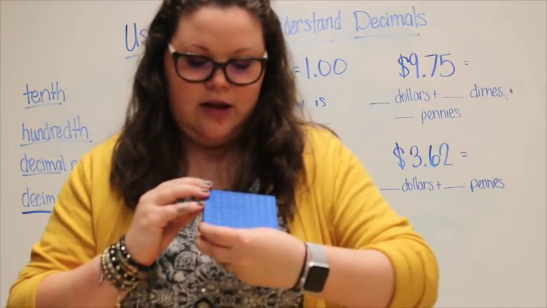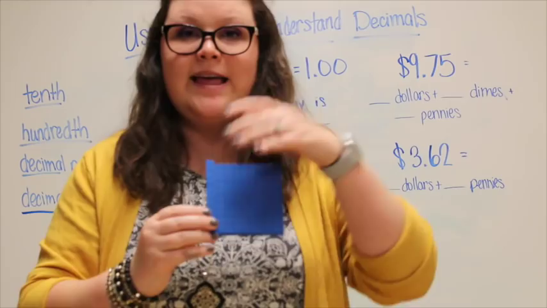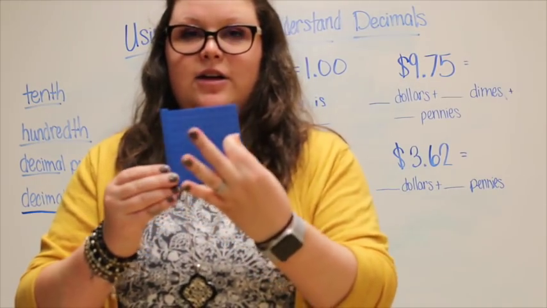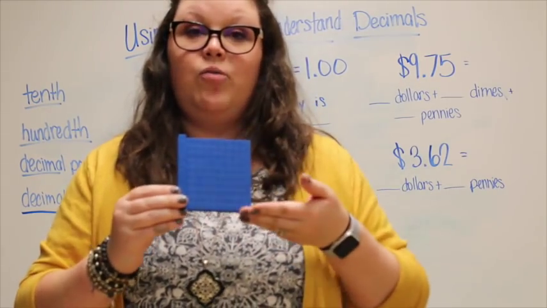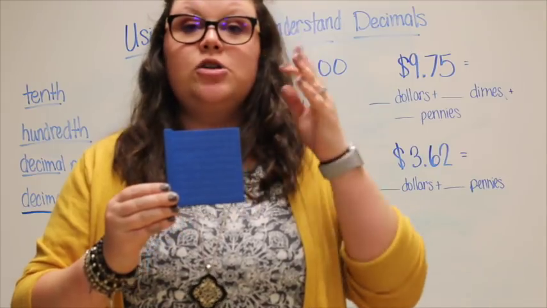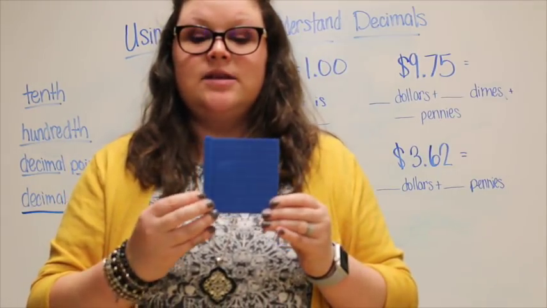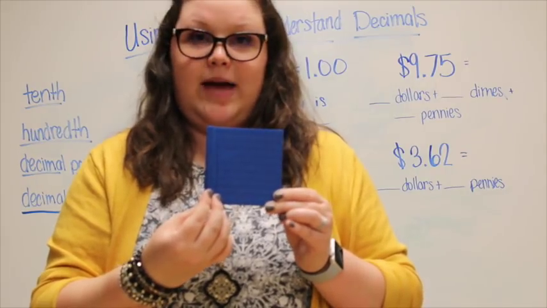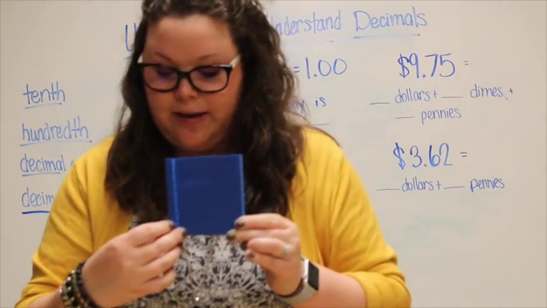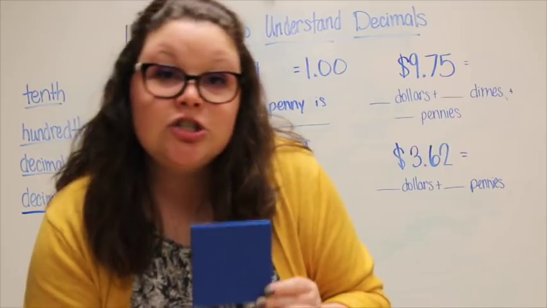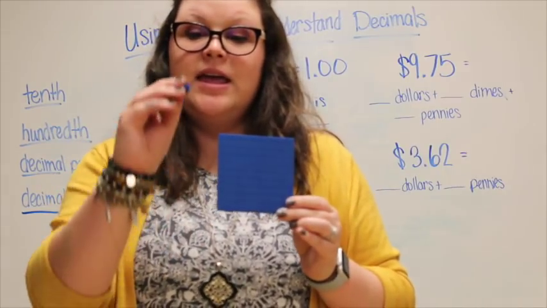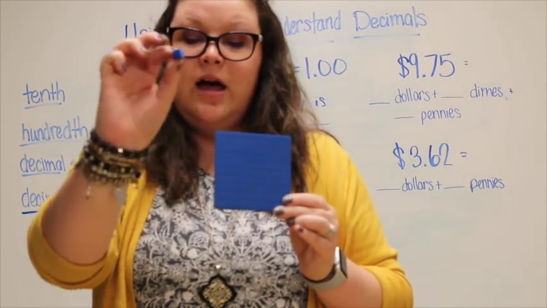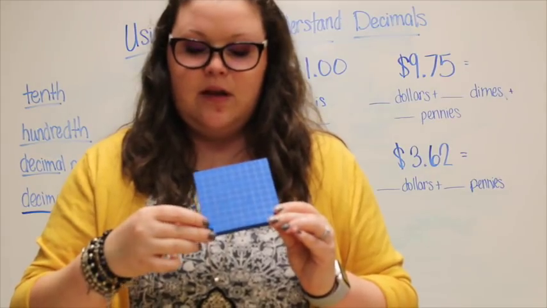I hope you can. If I had 10 of these, I could lay them flat and it would make one whole. So my tenths place is 1/10 of my whole. My hundredths place is 1/100th of my whole.